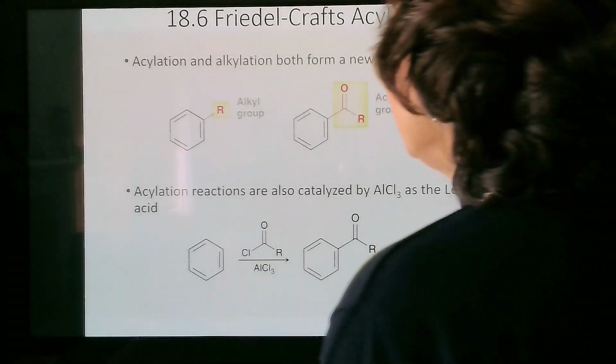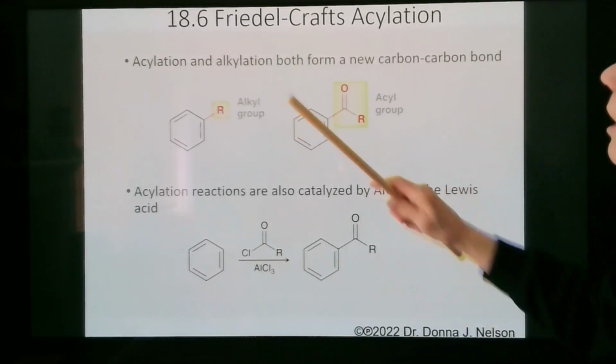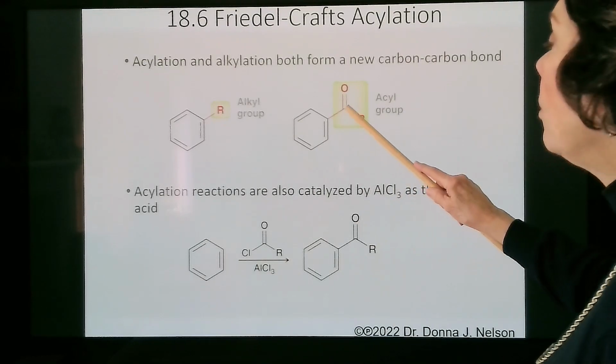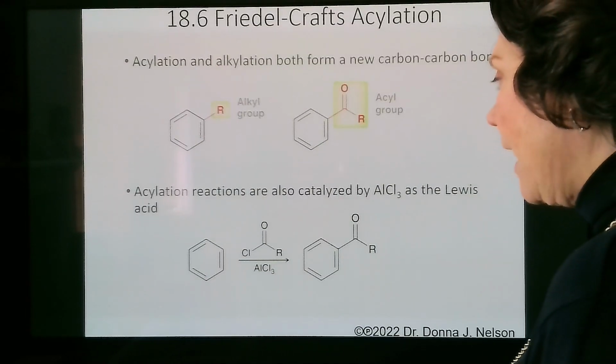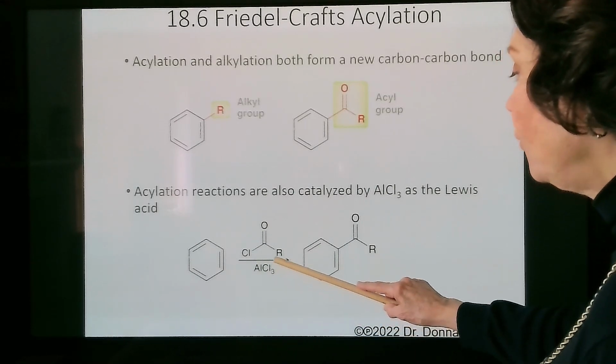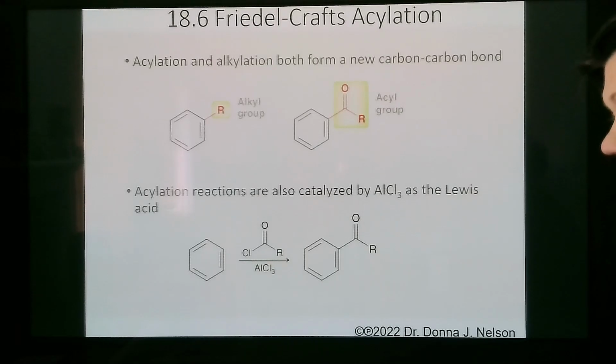So, acylation, here's the acyl group, and alkylation, both form a new carbon-carbon bond. So, acylation reactions are catalyzed by aluminum trichloride as the Lewis acid, just as you saw for the Friedel-Crafts alkylation reaction. So this is going to be very similar.